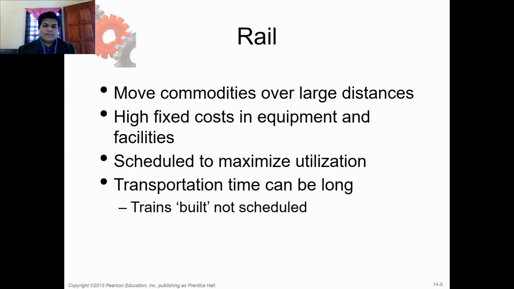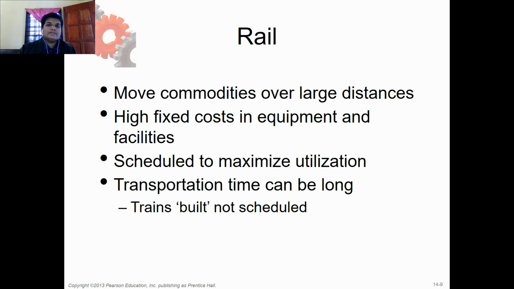Rail as a transport moves commodities over large distances. It has high fixed costs in equipment and facilities, and schedules are set to maximize utilization. Transportation time can be long, since trains are not very fast, so it will take time.